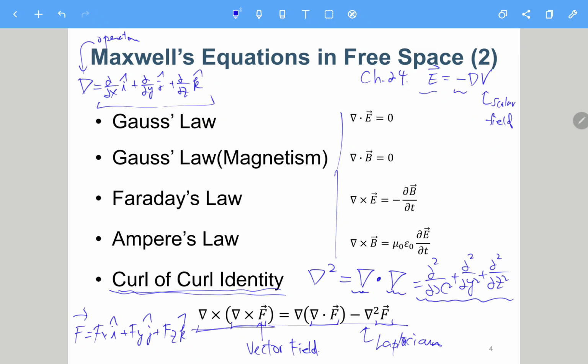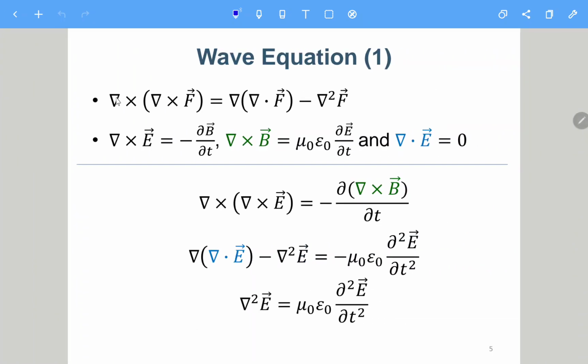So here we will make use of this identity to derive the wave equation. First of all we have this curl identity, and first we will try to derive the wave equation for the E field. We will need to make use of this one, which is Faraday's law, and this is Ampere's law, but in free space.